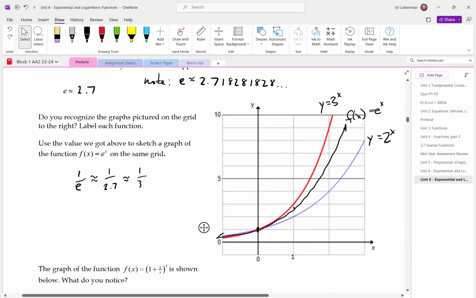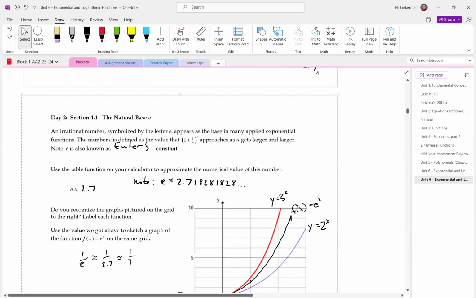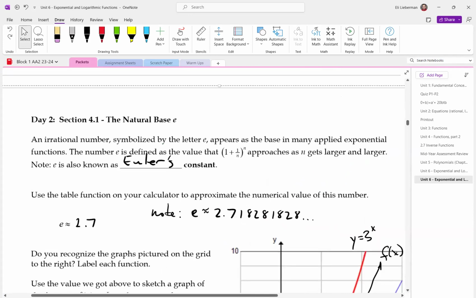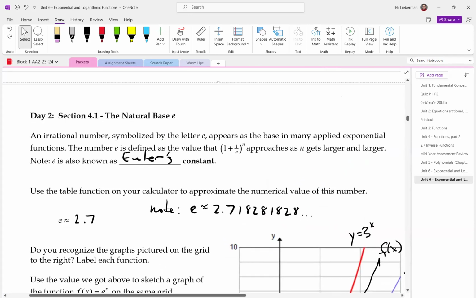The number e is defined as the value that (1 + 1/n) to the n approaches as n gets larger. So it's not for any value that you plug in to this. It's as n gets larger and larger and larger. What does that value approach? So that's when I plug in that million or the billion. I was looking at the y values and checking to see the number that it approaches.